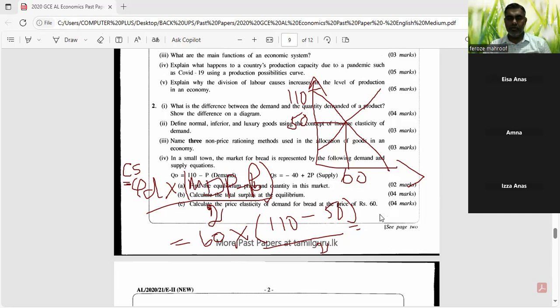Therefore, you get 60 into 60 over 2. 60 divided by 2 is 30, so the answer is 1,800. Consumer surplus 1,800 is coming. Did you understand?